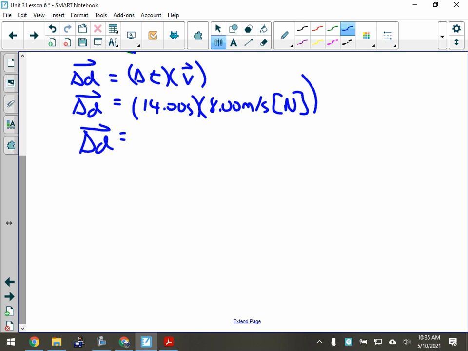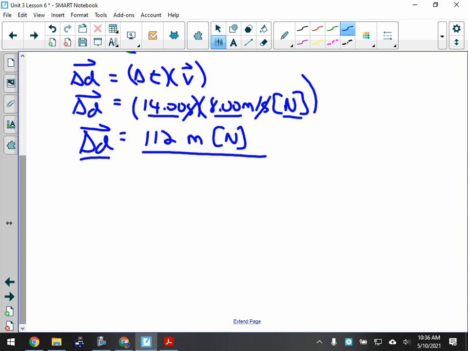Well, what's 14 times 8 here? 14 times 8 is 112. Okay, 4 significant digits, 3 significant digits, so I probably need to have 3 in my answer. The seconds will cancel with the seconds, and I'm going to be left with meters and north. Vector, yes, and that would be my answer for that one there.